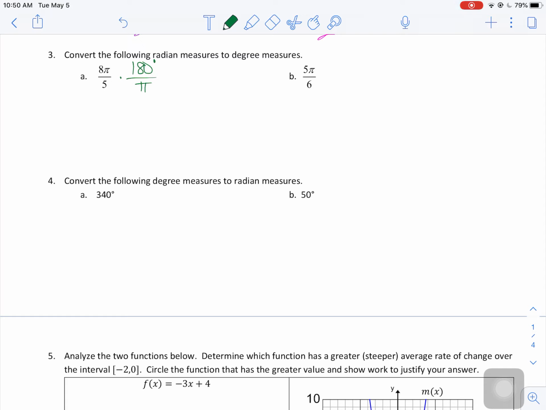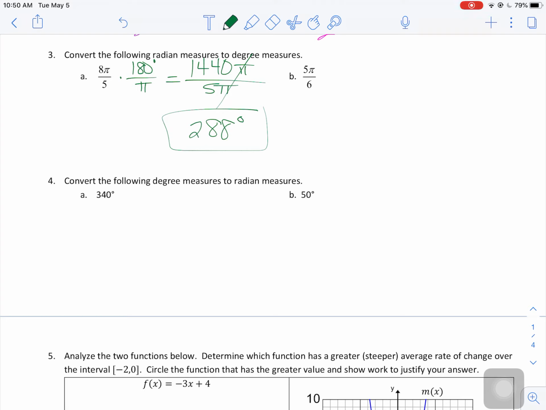So I would just multiply across the top. So 8 times 180 is 1,440, and then bring the pi with you. And then across the bottom, 5 pi. So the pi's cancel out, and then 1,440 divided by 5 is 288 degrees.